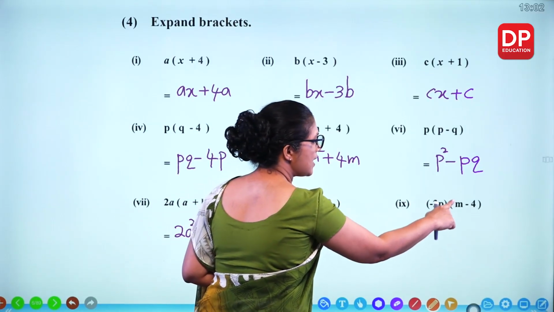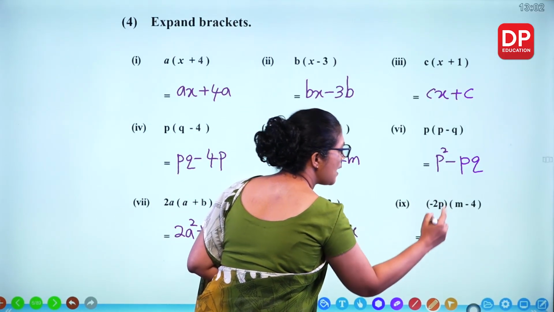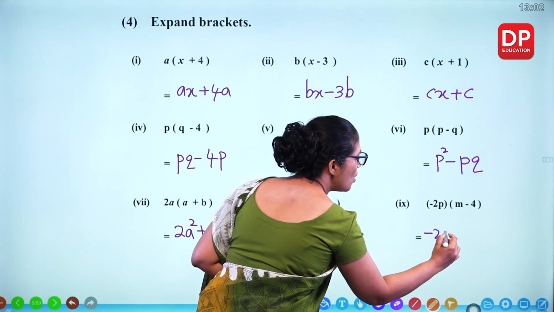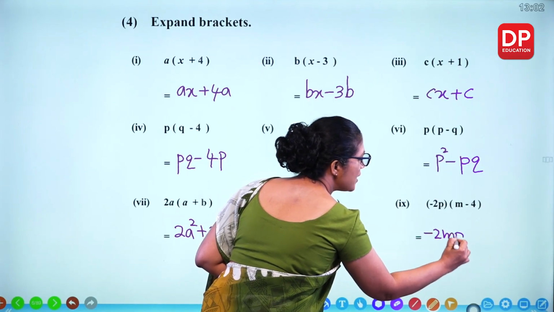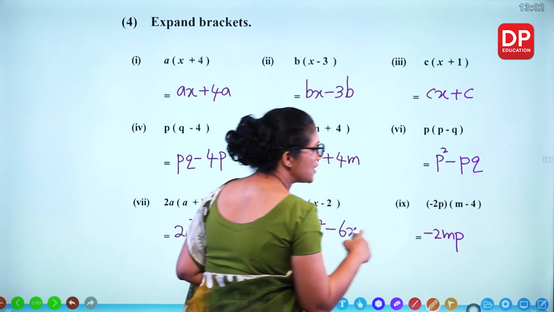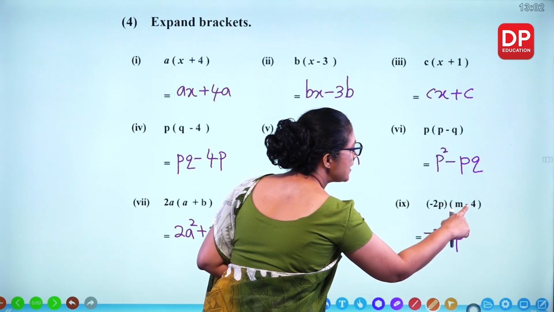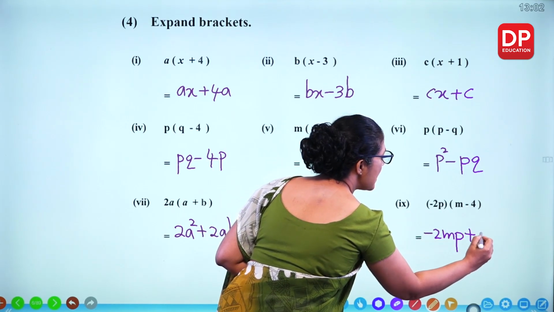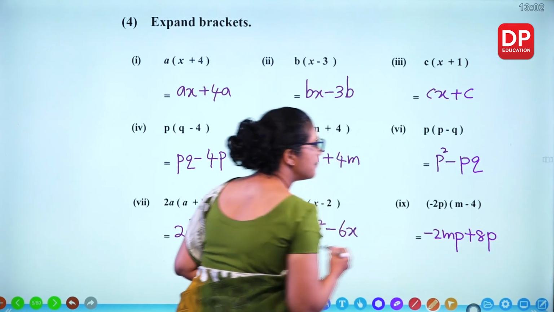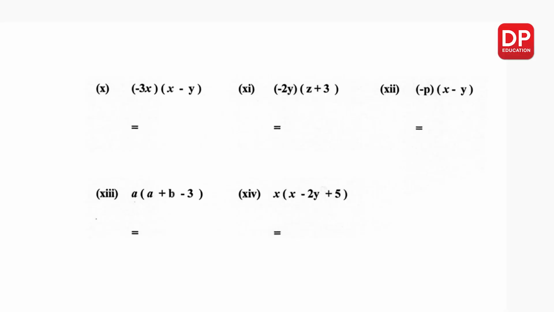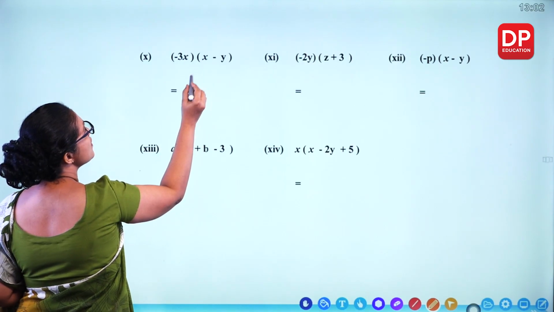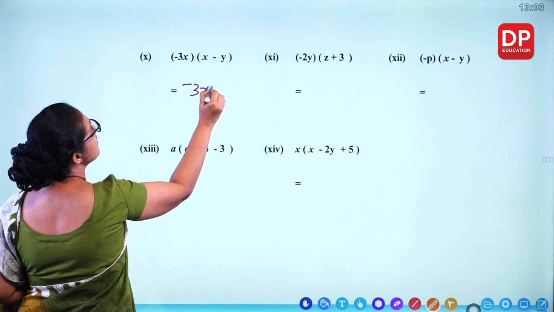Here what happens? Minus is there. Minus 2p times m, minus 2, we'll write mp in alphabetical order, m first. Minus 2p times minus 4, plus 8p. Here again minus values, minus 3x into x, minus 3x squared.